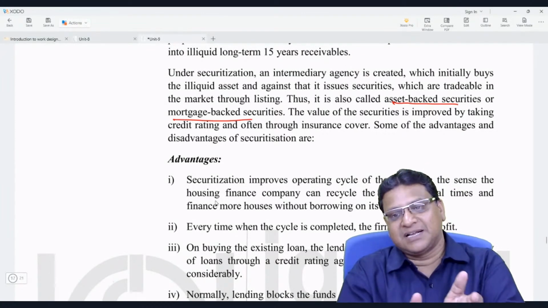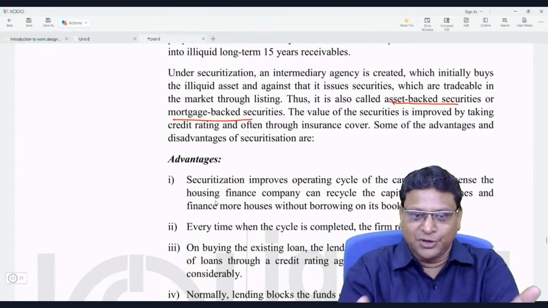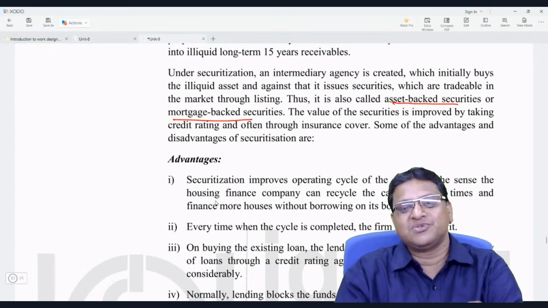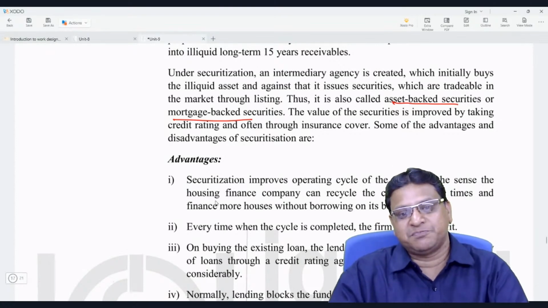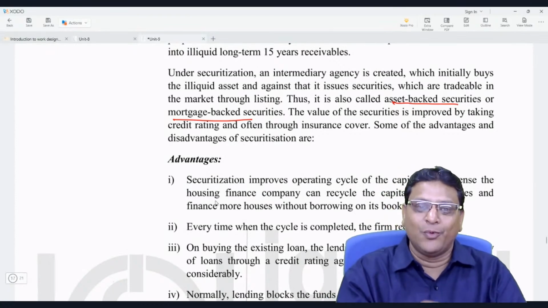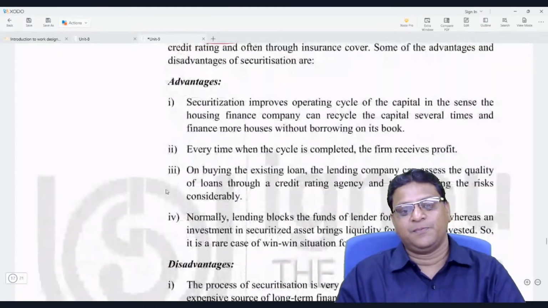So banks give loans, banks pool the loans, then transfer the loans to an SPV. The SPV converts the loans into different securities and sells the securities to different persons, and the persons ultimately own those loans. That arrangement is known as asset securitization.